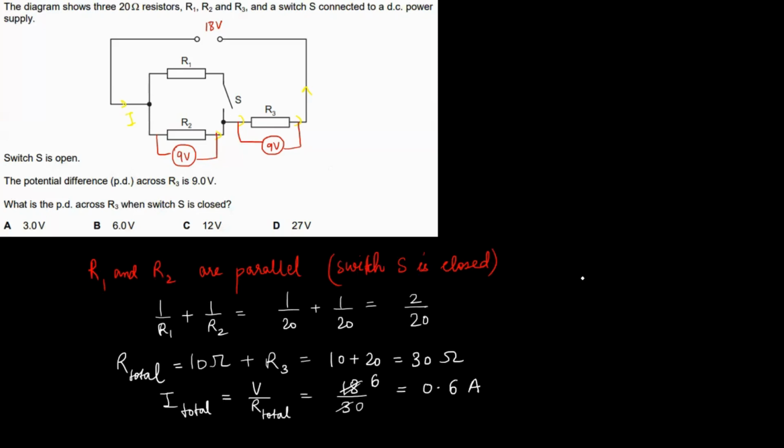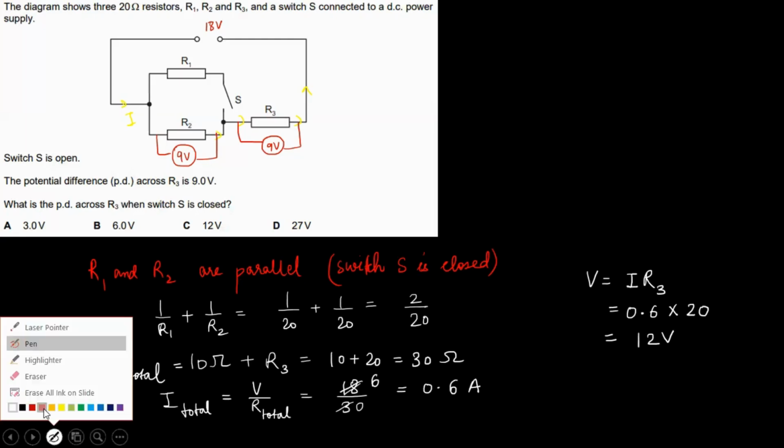So what is the potential across R3 now? V is equal to I R, I into R3, which is 0.6 into R3, which is 20, which gives you 12 volts. So the potential across R3 is 12 volts.